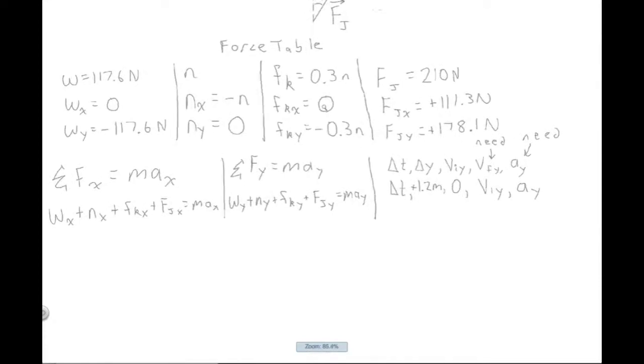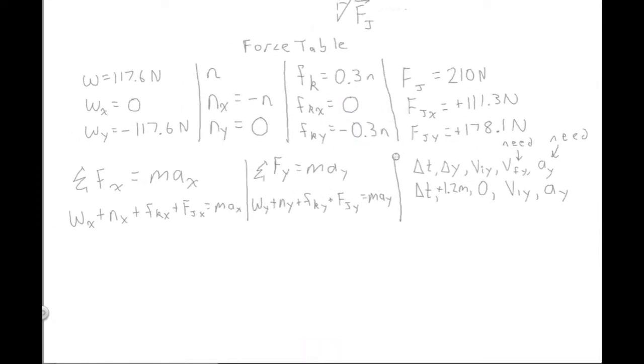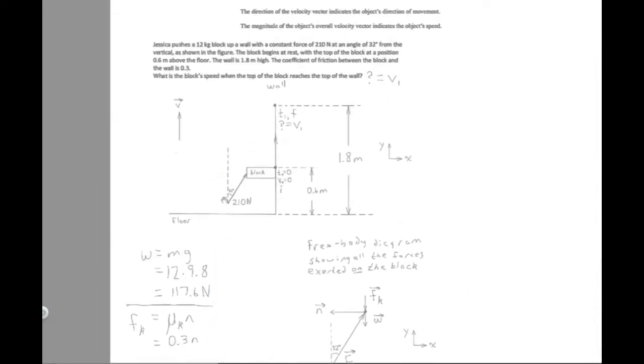So now let's start working in our 3 columns, the 3-column approach to the math that we've seen before. So over here, f sub x, we can plug in 0 plus negative n plus 0 plus 111.3 and our mass is 12 kilograms.